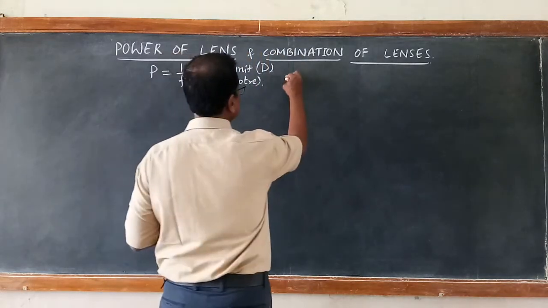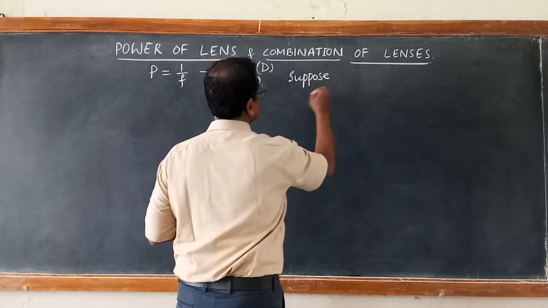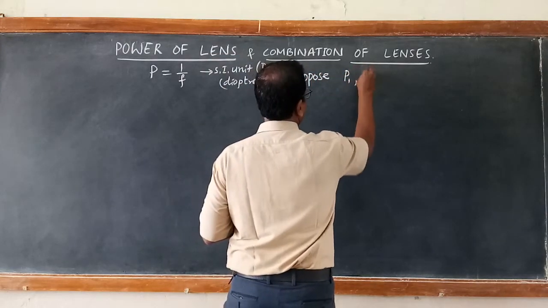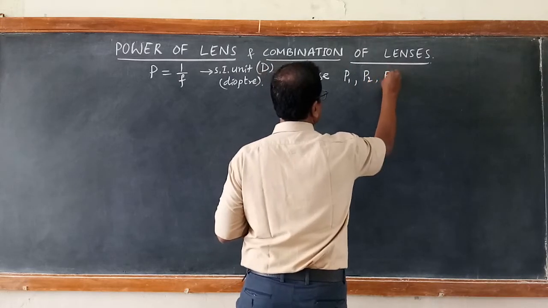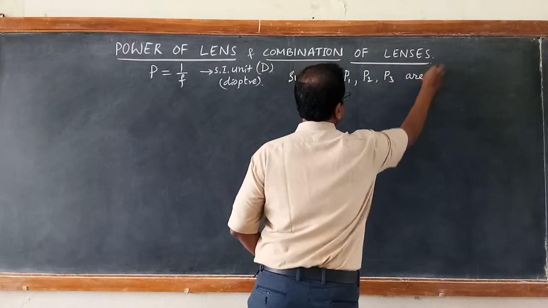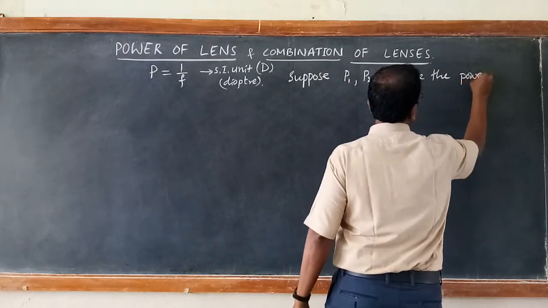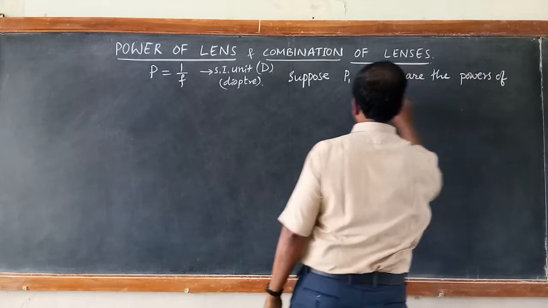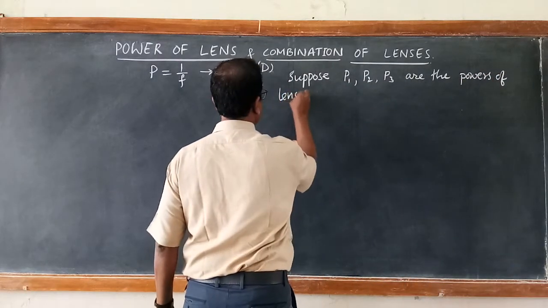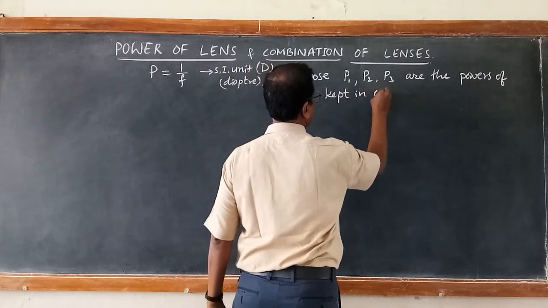Suppose P1, P2, P3 and so on are the powers of lenses kept in contact.